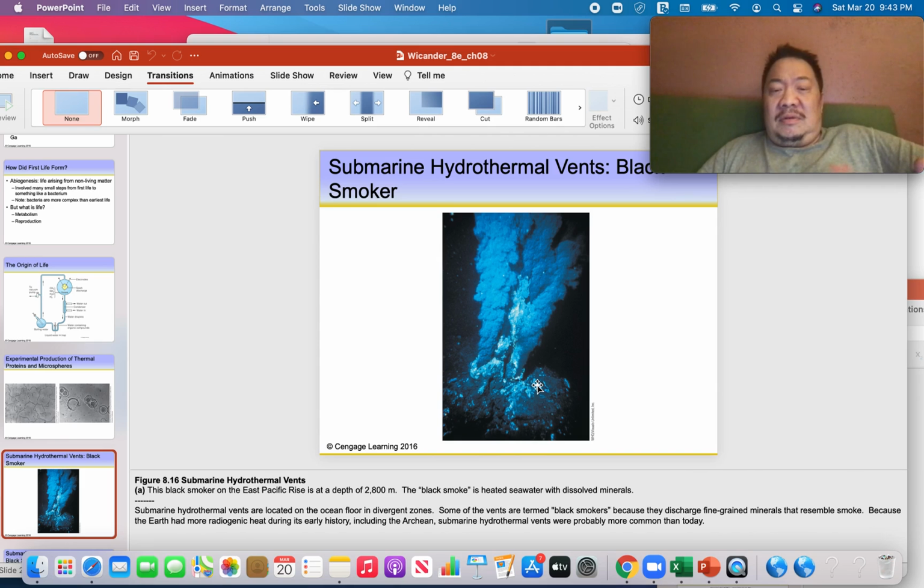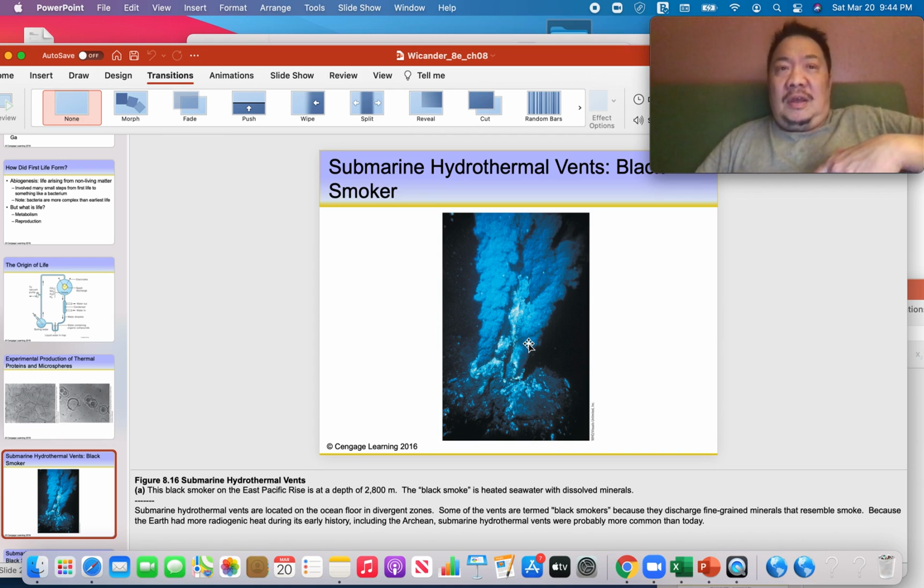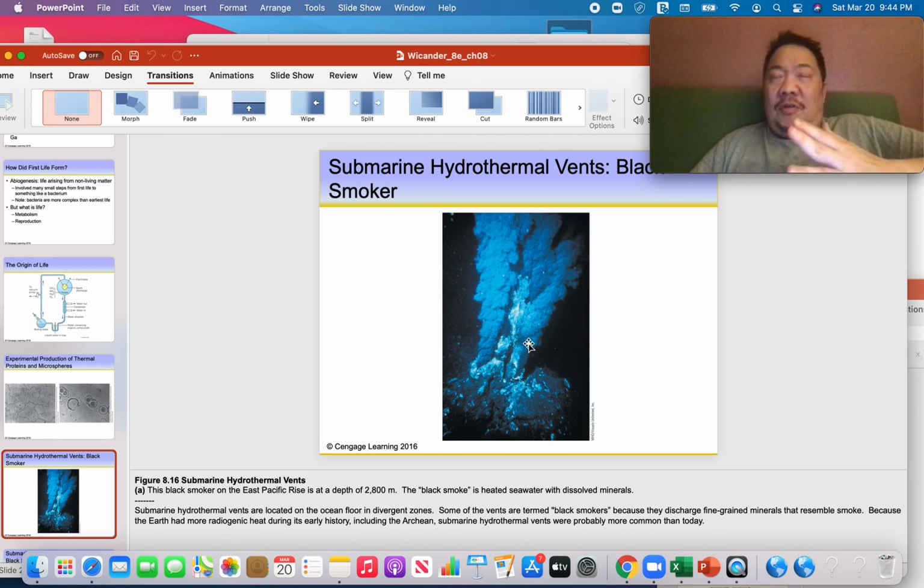Why? Miles deep underwater, there's no sunlight. Without sunlight, there could be no life, we thought. In order to have life, something would have to photosynthesize. So, like cyanobacteria, they have to photosynthesize in order to manufacture their own food.